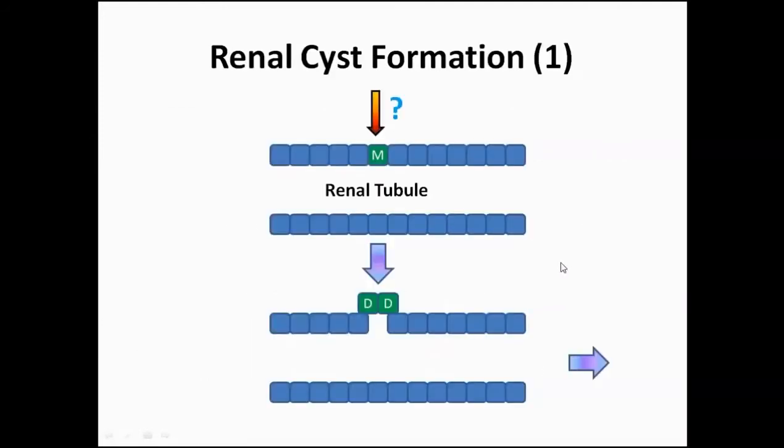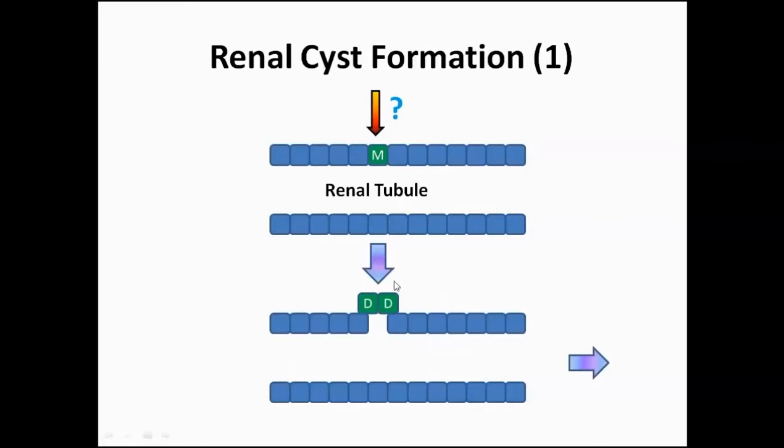I put this together myself, and if you'll bear with me, this is how I visualize what's happening in a renal tubule. You can see that these are cuboidal blue cells, and here's the renal tubule lumen. And for whatever reason, for whatever signal, and that's where the question mark is, a cell with the PKD mutation divides.